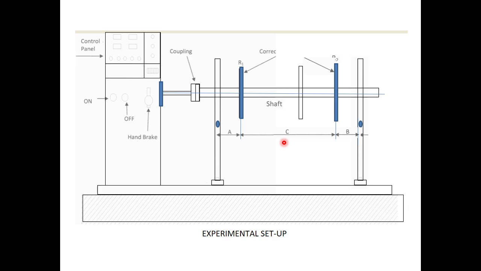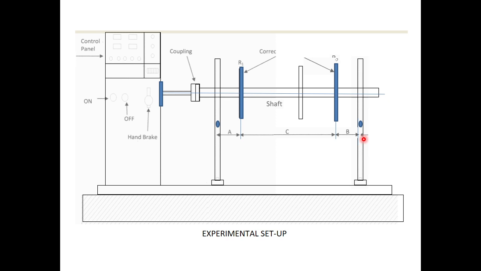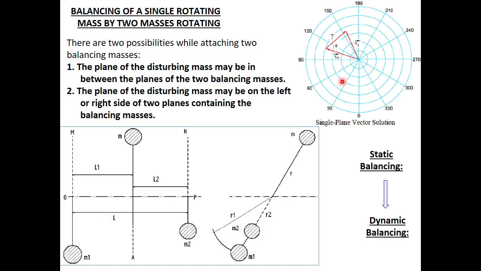That is indicated in the manual of the machine itself, for different configurations, how to measure these distances. Now, there are 5 dimensions A, B, C, R1 and R2, which are required to draw the vector diagrams.